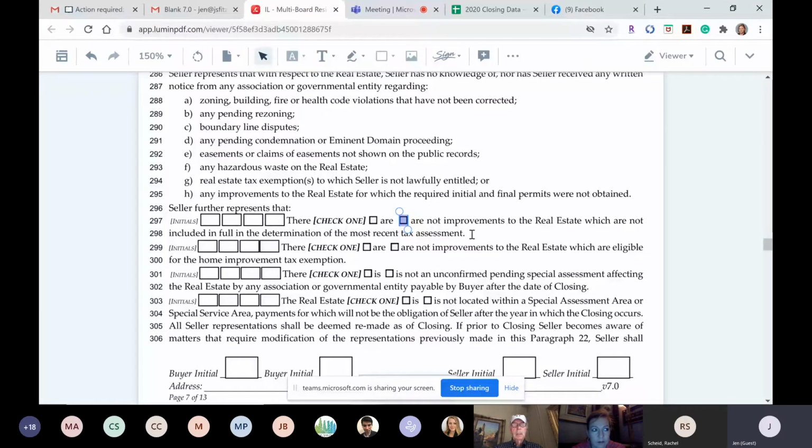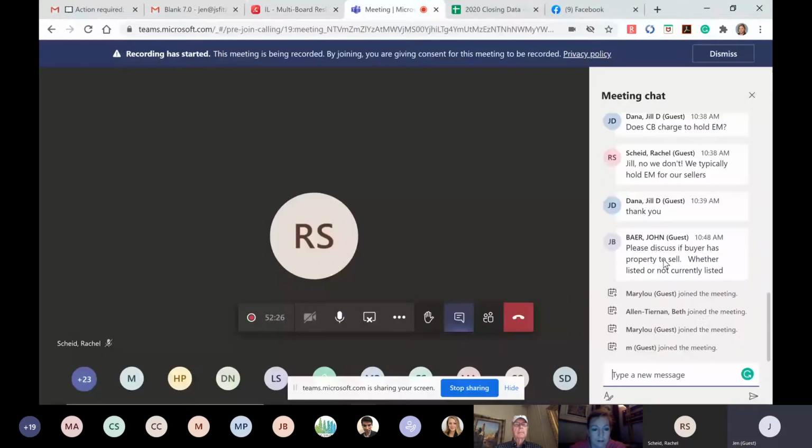What they're talking about there is if your seller built a garage mahal, as I like to call it. So the tax assessor is going to find out about it. They're going to go through the alley and see, oh, hey, you've got a whole new floor on here and a giant deck. We're going to reassess your taxes and bump it up a bit. You should be disclosing that if that's what your seller has done. We need to take that into consideration.